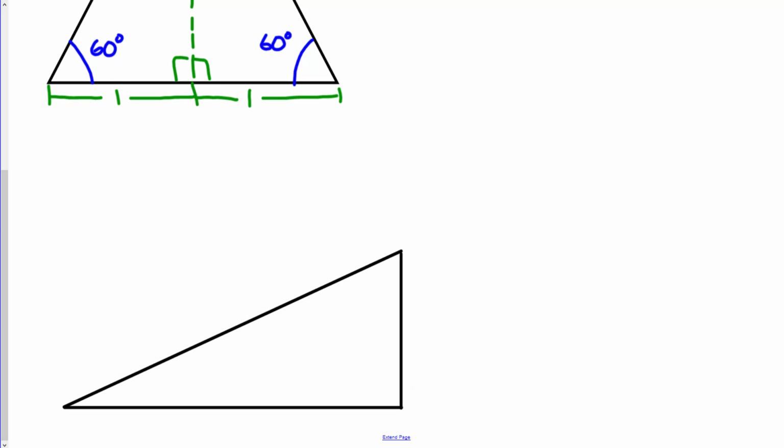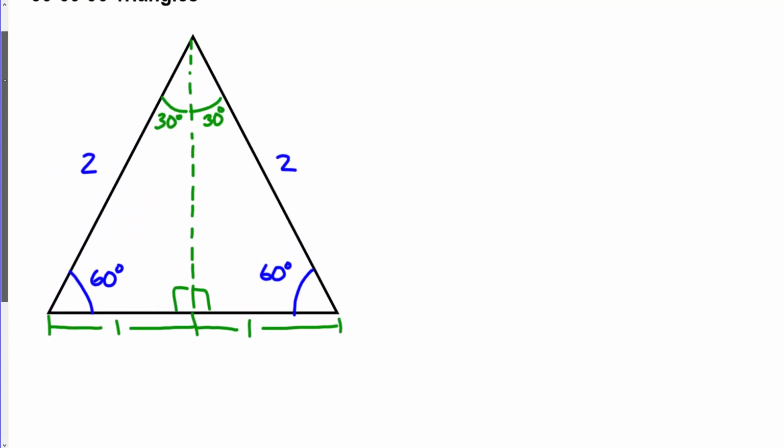I'm going to write this in. We had the right angle here. This was our 60-degree angle and our 30-degree angle. That will keep things more organized when I start doing some work with the trig functions. But we're not quite done with this setup yet.